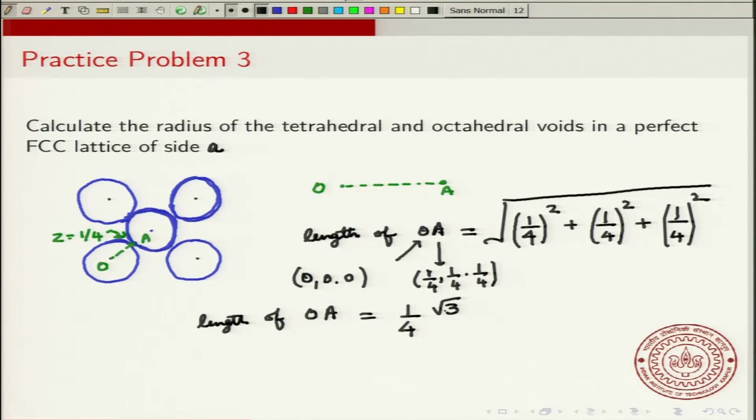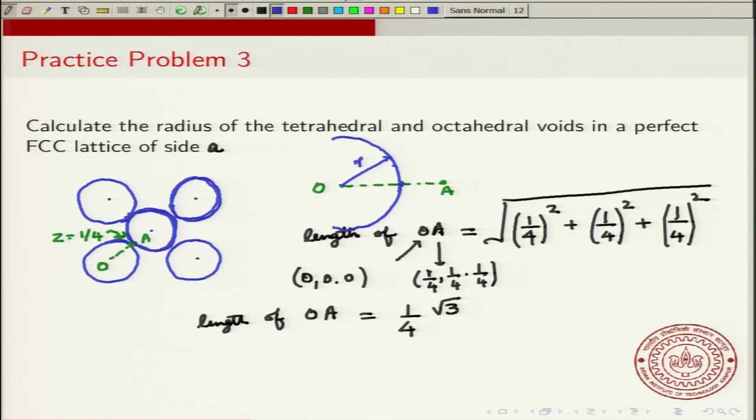Okay. And now along OA, what you have is one face center atom, and this is the radius of the face center atom.